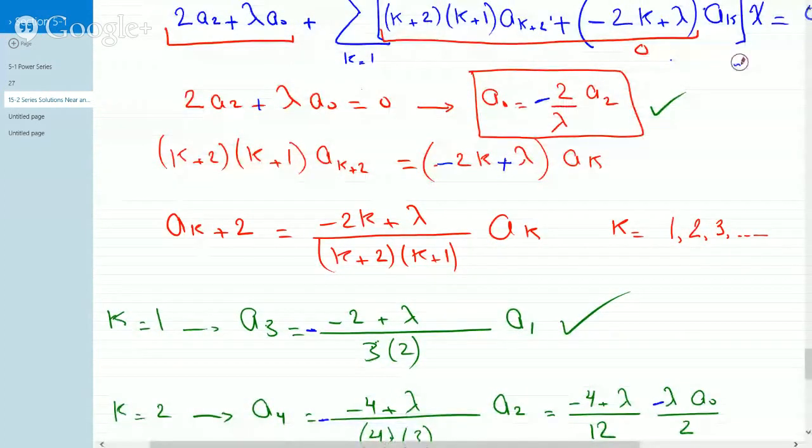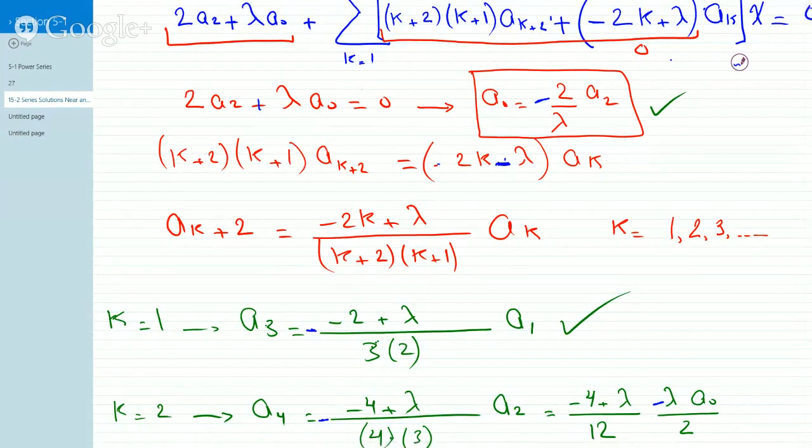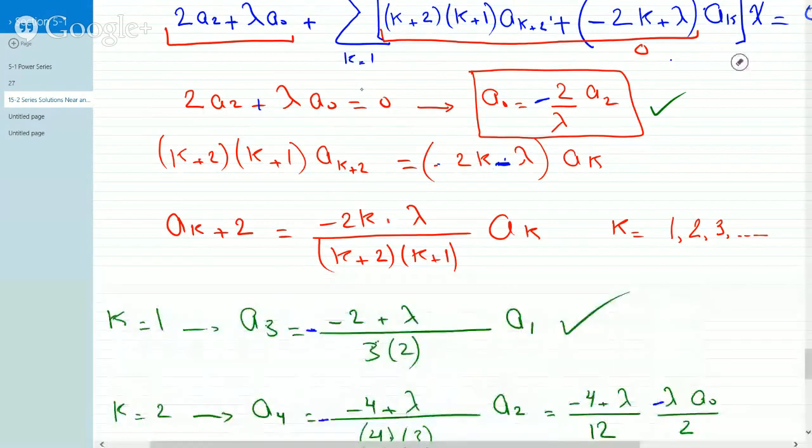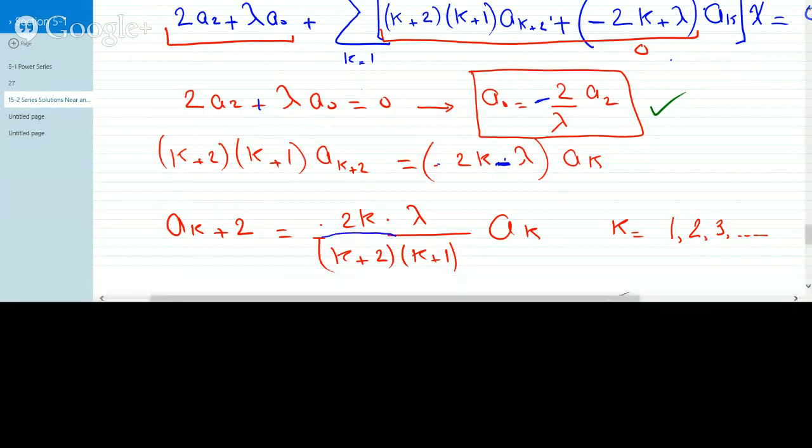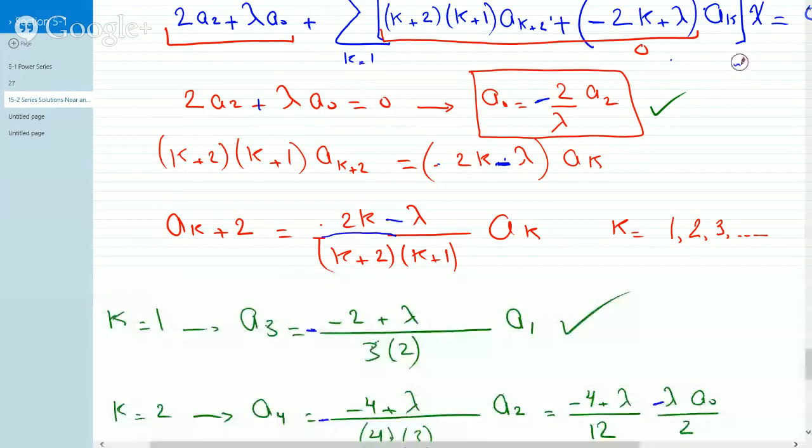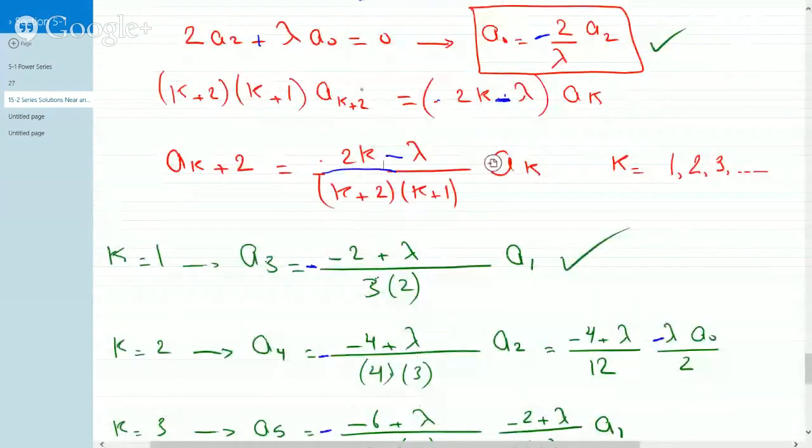So this is lambda 2, this is minus lambda. So this is minus lambda, and this is plus 2 minus lambda.